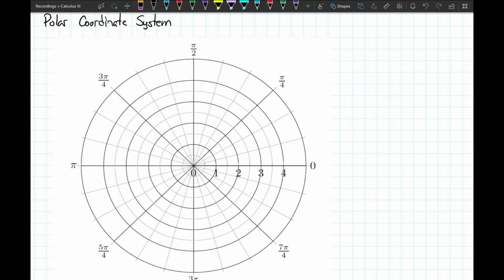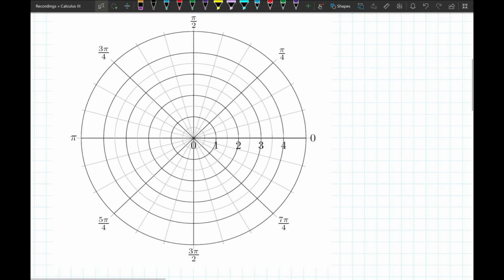You can see on our polar axis here, I have labeled distances 0, 1, 2, 3, and 4, and that would just continue onward. And we can see some of our common angles in radians, pi over 4, pi over 2, up to pi, which is 180 degrees, all the way back around to 0, or 2 pi radians.